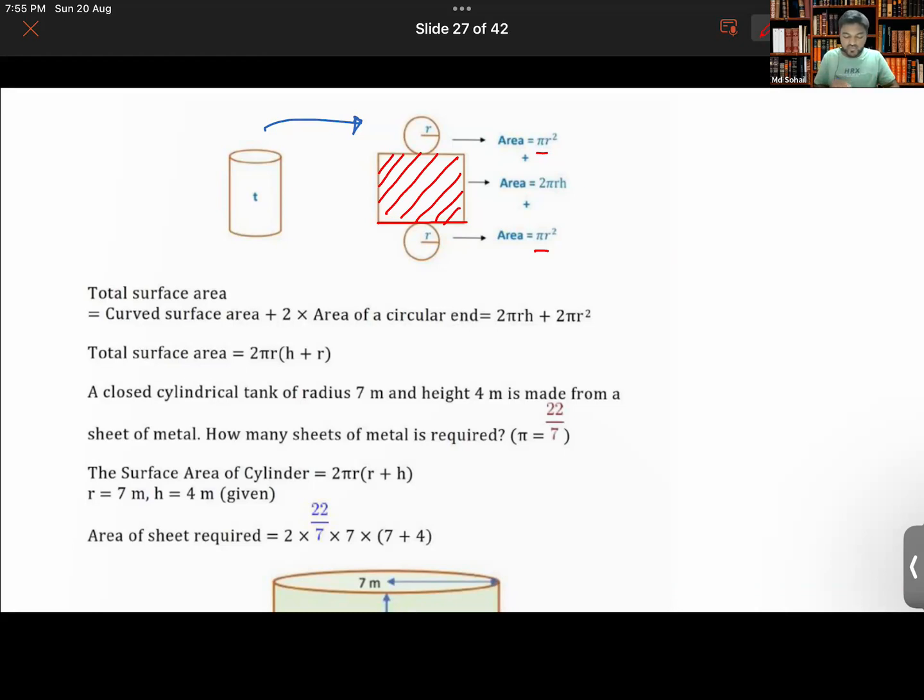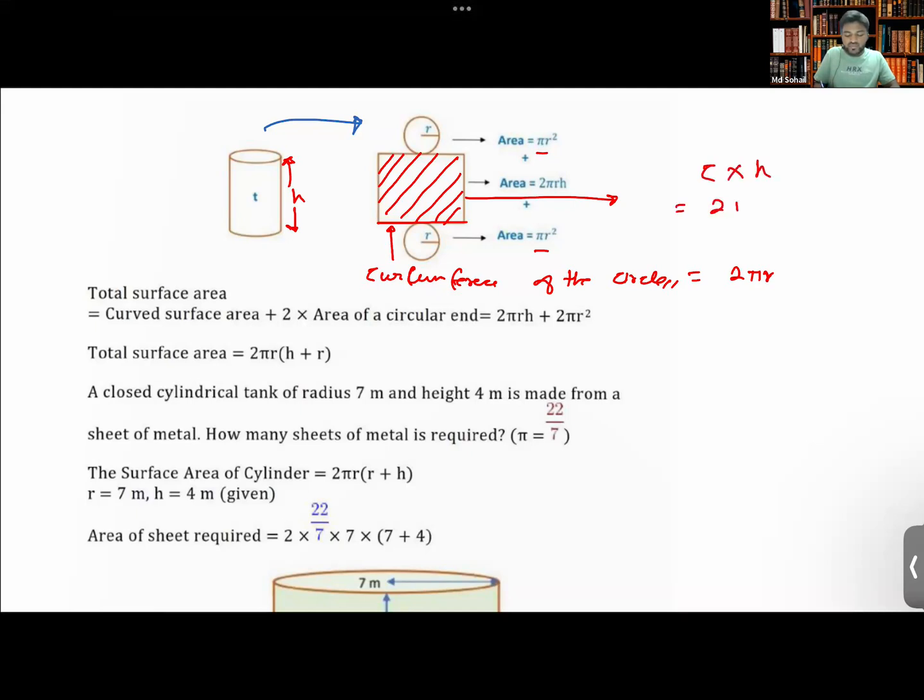The length of this side is basically the circumference of the circle, that is 2 pi r, and the length of this side is simply the height of this figure. So you have got the circumference and the height. The area is simply circumference multiplied by the height, that is 2 pi r h.